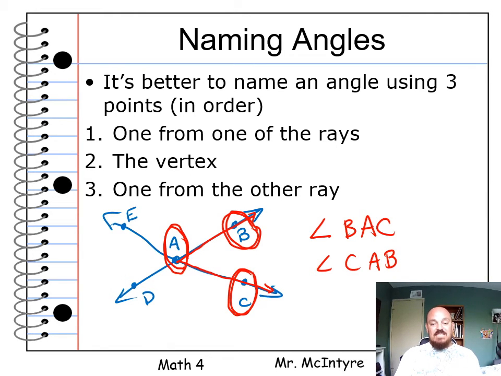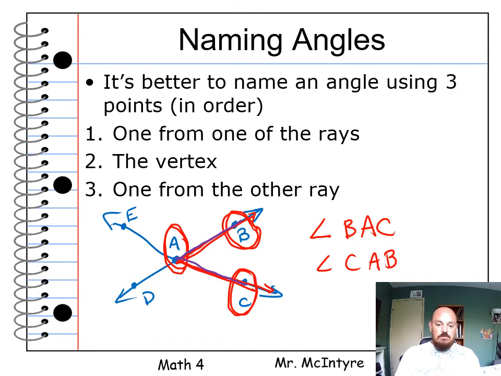The vertex has to be the middle, and that's what's important. Because really what you're saying is, if you take these letters in order, you're basically tracing the angle. If I start at B, then go to A, then go to C, BAC, I've drawn the angle. Or with the second one, I'll switch colors so you can see it a little better. I start at C, I go to A, and then I go to B. That's fine, that's the angle.